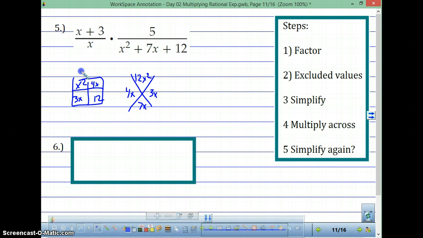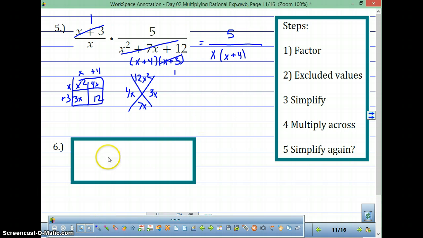This becomes x plus 4, x plus 3. Cancel. The x plus 3's go away. Anything else that will cancel? No. So on the top, I've got 1 times 5. And on the bottom, I've got x times x plus 4 times 1. But I'm not going to write the 1.